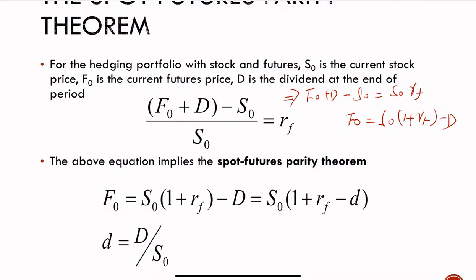So if we denote lowercase d, which is equal to the capital D divided by today's stock price, then we could further write the spot futures parity theorem as this.